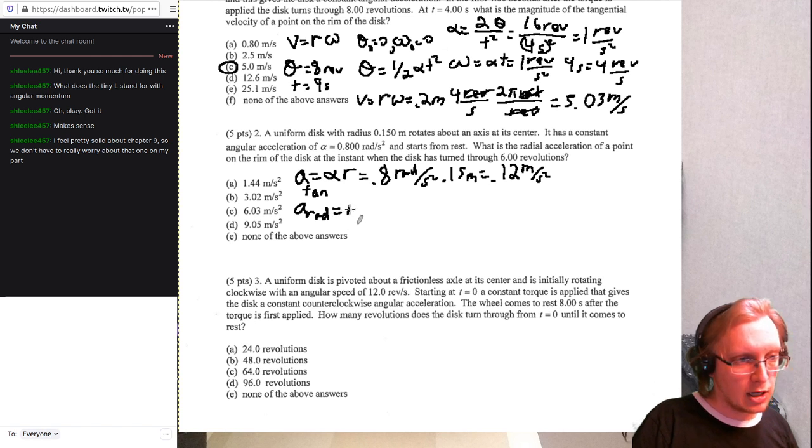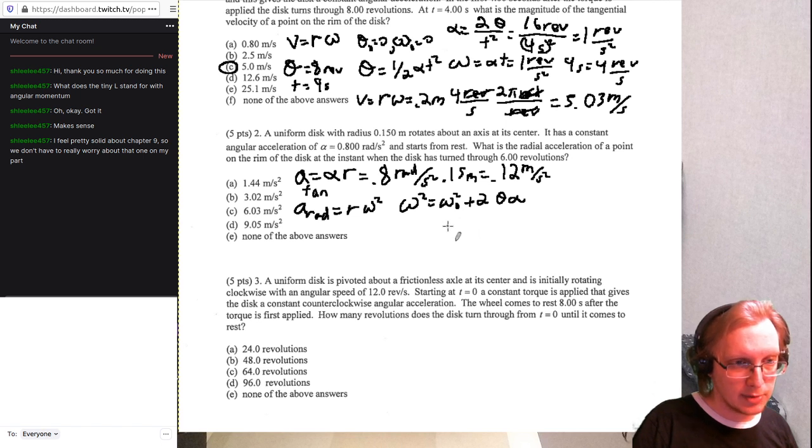A radial is r omega squared. We need omega squared equals omega naught squared plus 2 theta alpha.